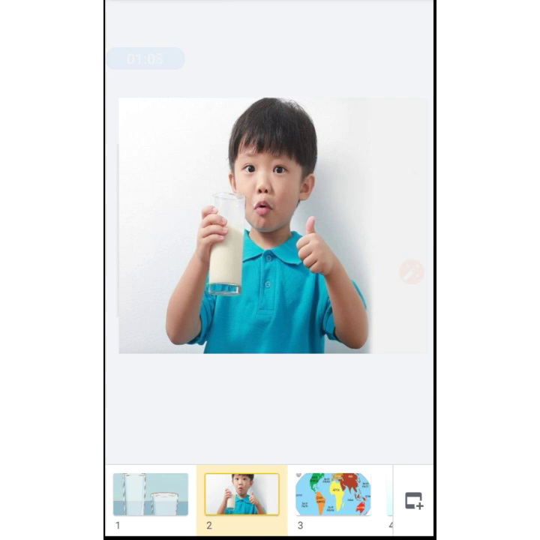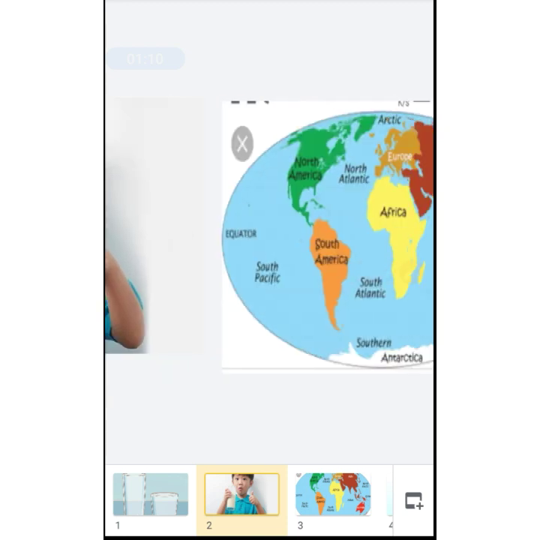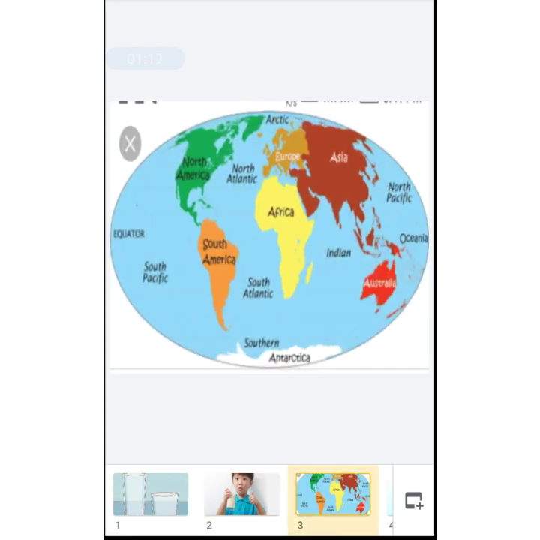Okay, class, so let's move on. Yes, here you are seeing a world map. Suppose you want to go from Europe to North America, but your friend wants to go from Europe to Africa. So, tell me or think about that.